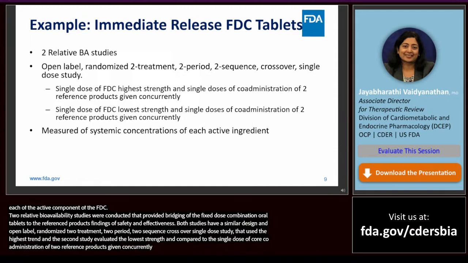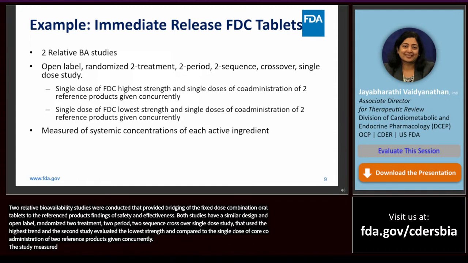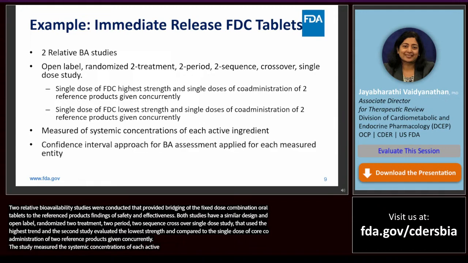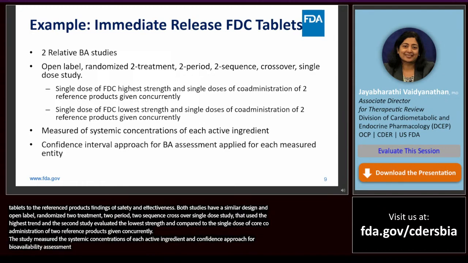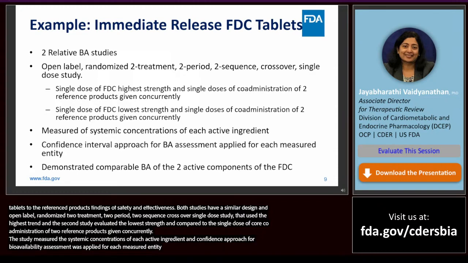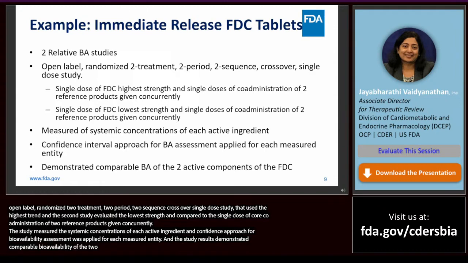The study measured the systemic concentrations of each active ingredient, and confidence interval approach for bioavailability assessment was applied for each measured entity. And the study results demonstrated comparable bioavailability of the two active components of the FDC to the individual reference products.